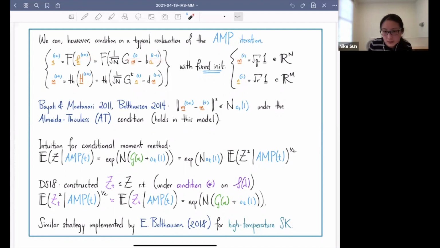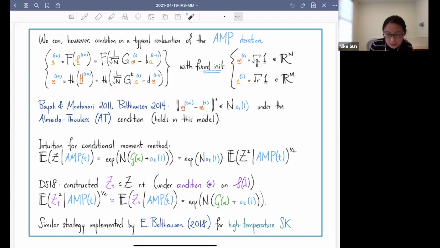And you just start from some fixed initial vectors. So m_0 is the all ones vector with some scaling, and n_0 is also the all ones vector, again with some suitable scaling. Here, you don't need to solve any equations, because you're just starting from some fixed initial vectors and running the equations forward from there.